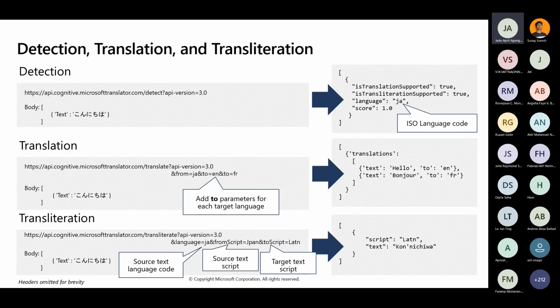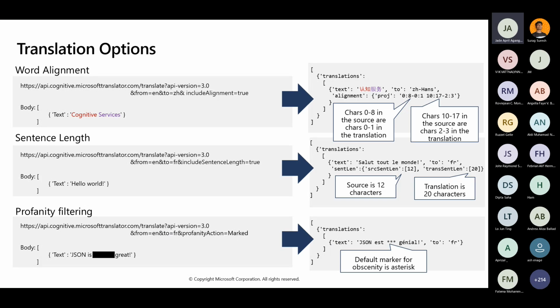So it's going to check the source language and the source text script, and it's going to target the text and translate it here. And these are translation options. I cannot copy paste the link, so later.